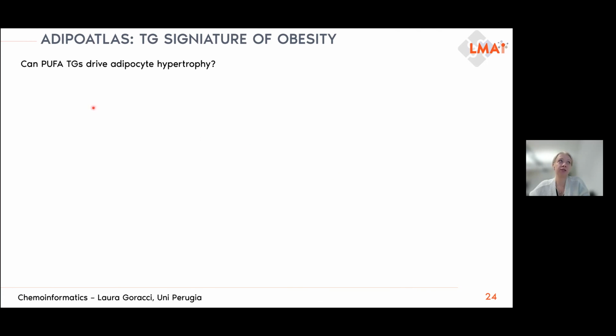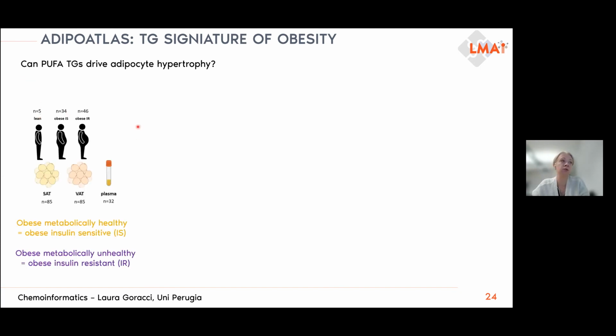So the next question is, can PUFA TG drive adipocyte hypertrophy? This is something that is still not published. Having this AdipoAtlas data, we spent a lot of time digging very deep into the lipidome, and now we have this inventory of lipids, so we can go for very high throughput screening of those lipids which we found in larger sample cohorts.